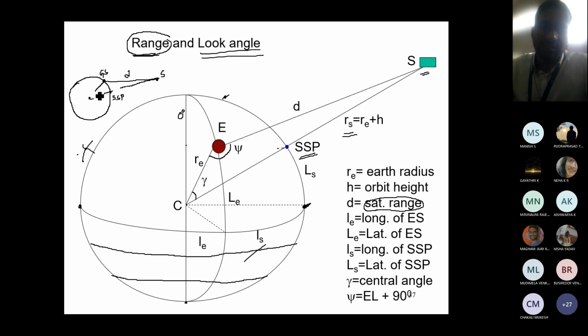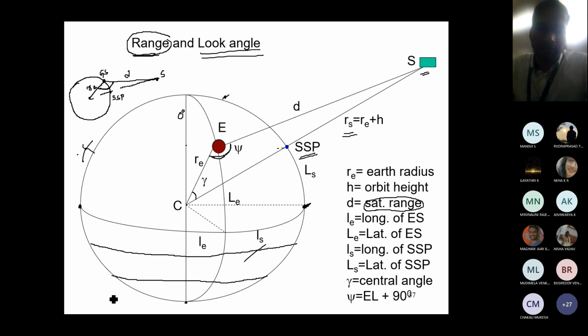If we make a line joining the center of the Earth to any point on the surface of the Earth, that is nothing but the radius of the Earth, small r. This is the angle I am talking about, and we have represented this particular angle by the symbol psi.